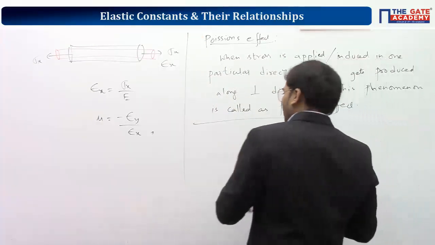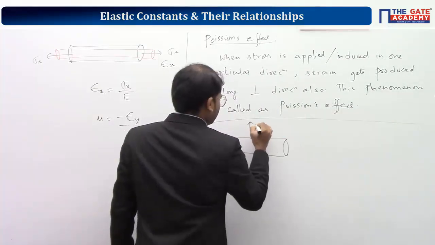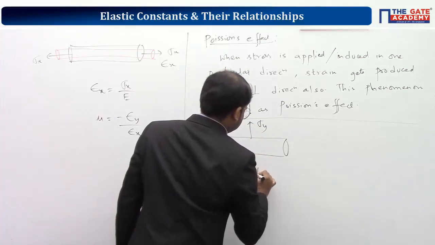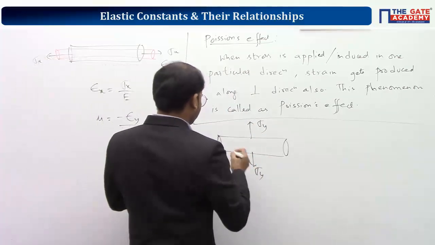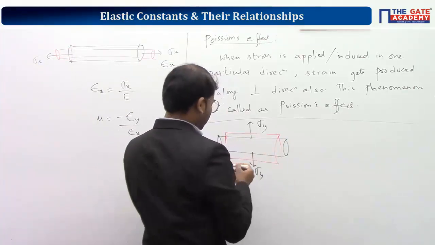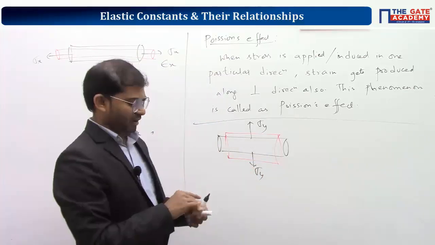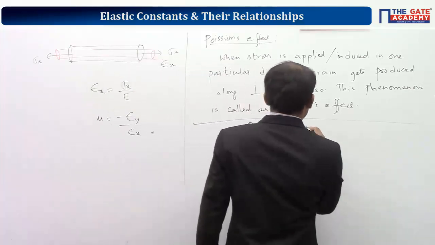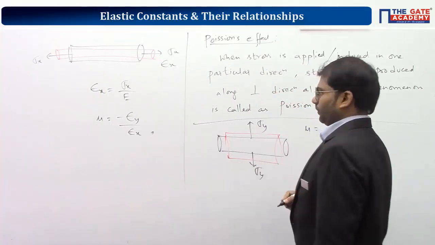If you have a scenario where you are giving rise to stress in y direction, obviously you will give rise to strain in y direction and also in x direction. Here, strain in x direction is the perpendicular one, produced by sigma y. So in this case, Poisson's ratio is given by epsilon x by epsilon y.